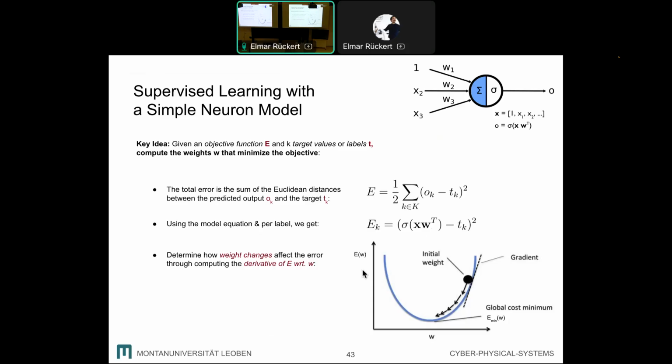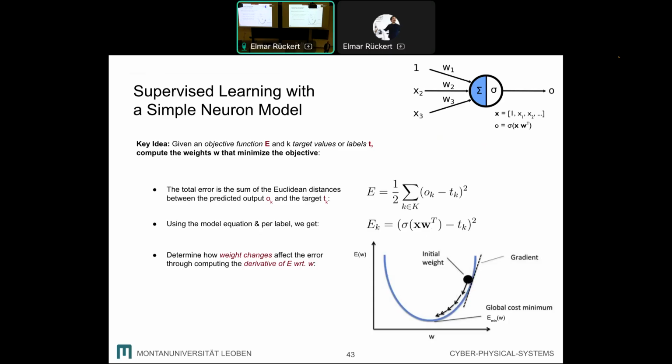It's this dot here. E of W is the error. And we compute the gradient such that we know in which direction we have to improve our model. And then we do that for every subsequent example. And these are the errors. And we do that as long as we still can improve our model.